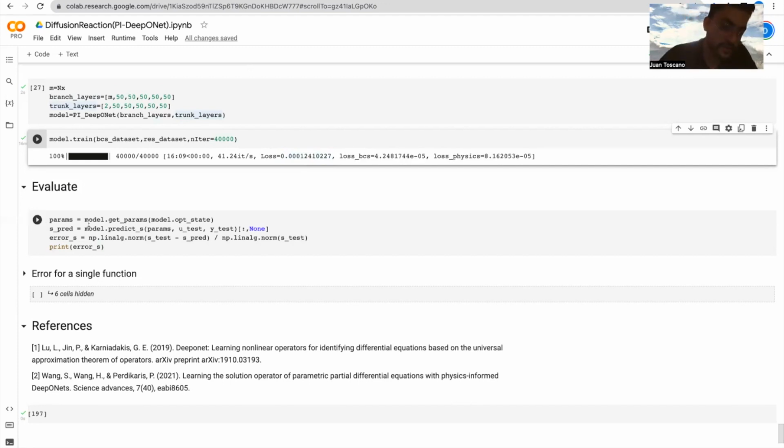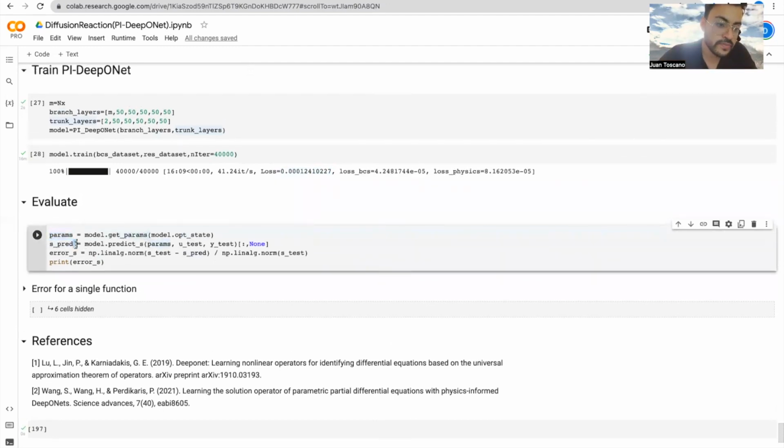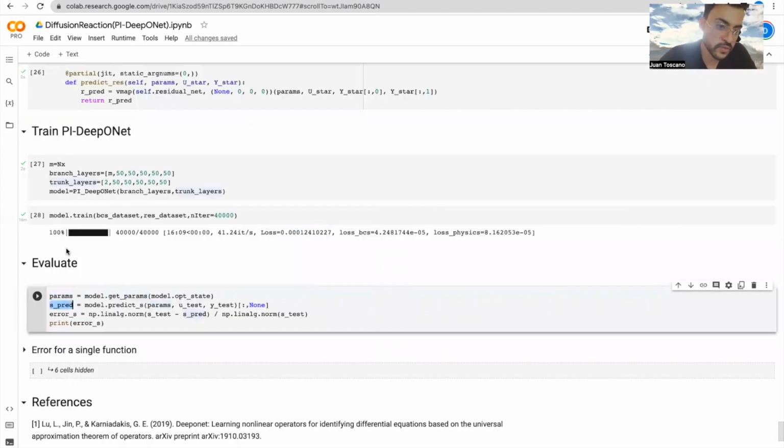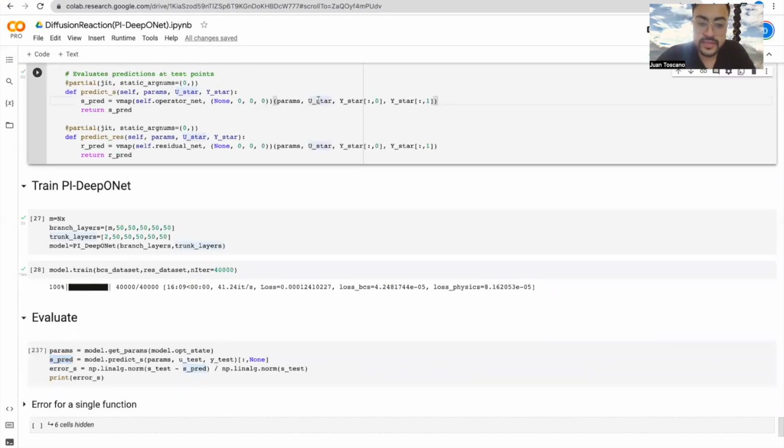To do that, the first thing we do is extract the parameters from the model, and then we make the prediction. To make the prediction, we use this function called predict test that we defined a few minutes ago, and it takes y and u, and what it does is give us the solution of our operator when the input is u, evaluated at y.